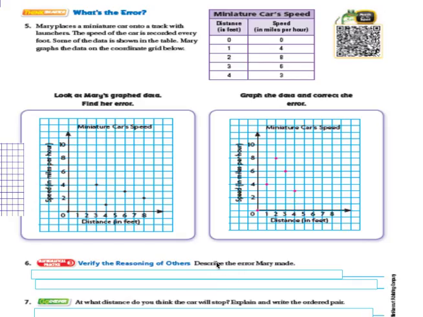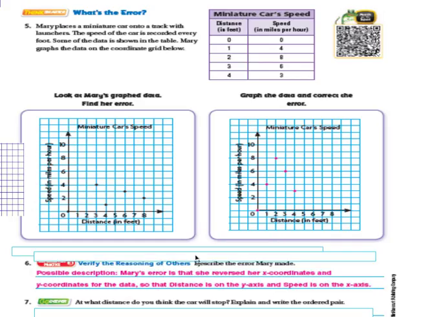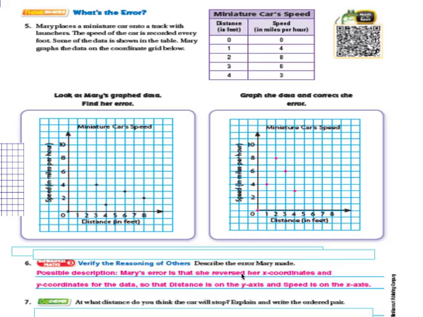Well, she did the y-axis before she did the x-axis, was one of her errors, and she didn't record the 0, 0, or maybe she did, I just couldn't see it, sorry. At what distance do you think the cars will stop? Explain and write an ordered pair.